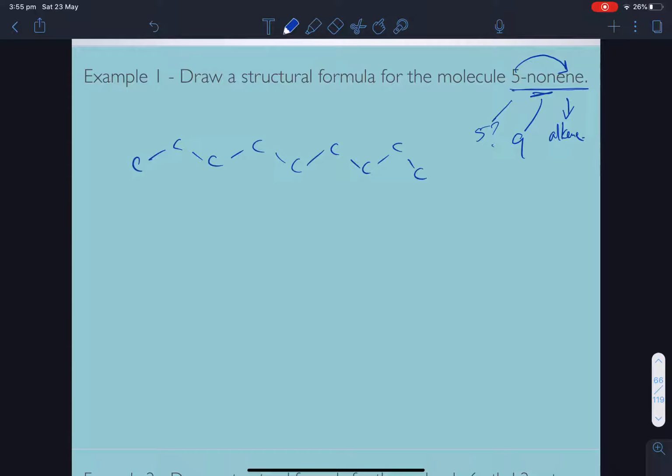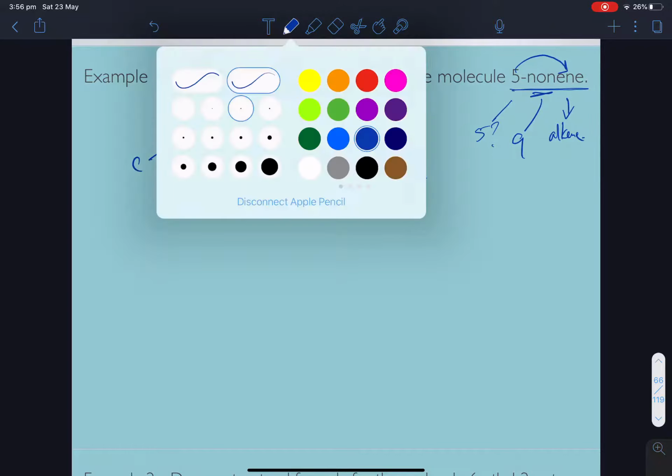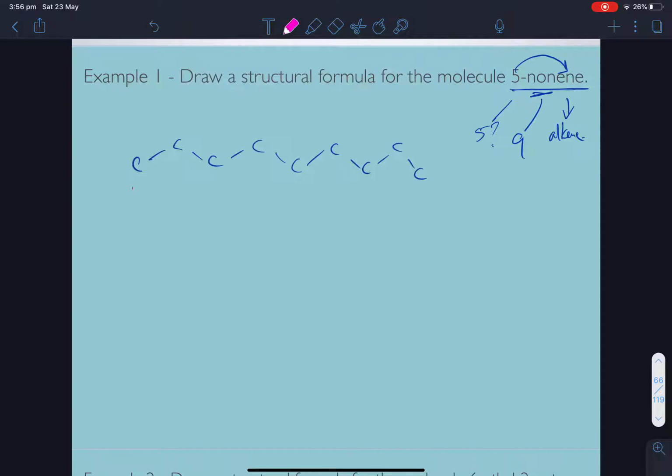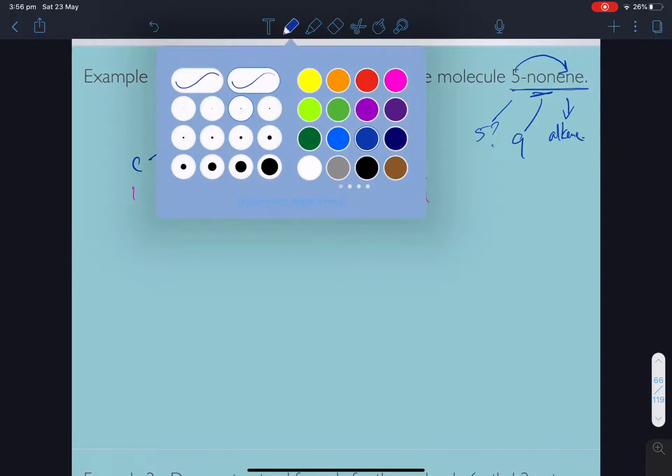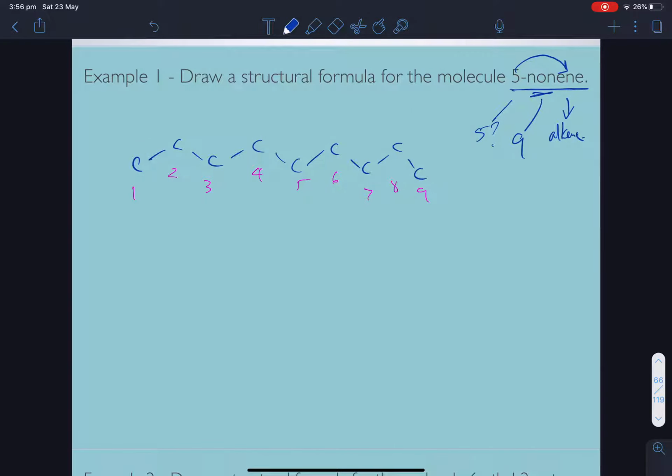Okay. Doesn't matter which end we start from number 1. We might as well start from the left-hand side being number 1. Okay. Why don't I change colours? 1, 2, 3, 4, 5, 6, 7, 8, 9. Okay. Alright, let's put some stuff on there. All we've got on this nonene, on this non-backbone, is we've got a double bond on the 5.